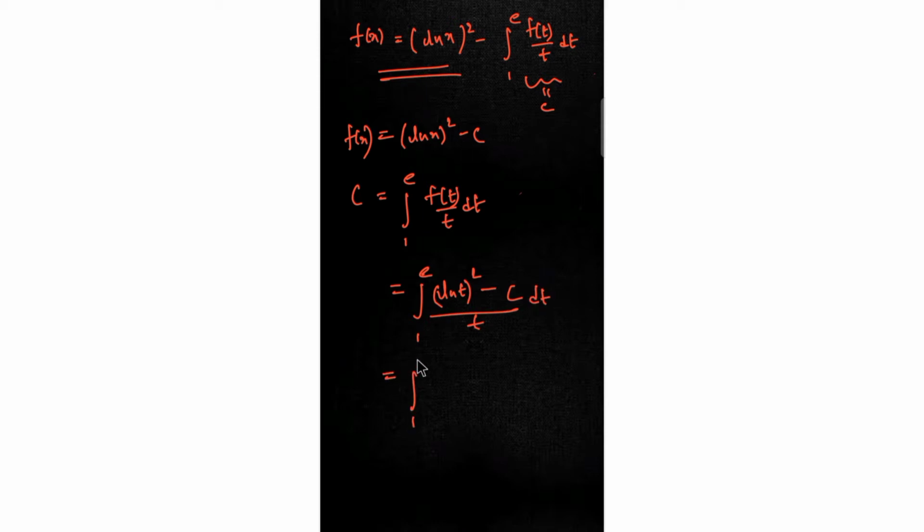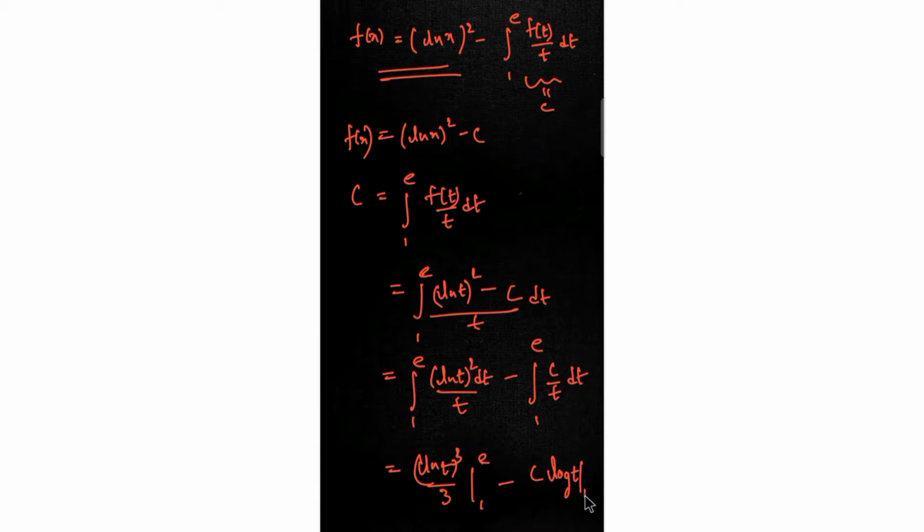I get the integral from 1 to e of (ln t) whole square dt by t, minus the integral from 1 to e of c by t dt. The differentiation of ln t is 1 by t dt, so it's basic integration: you will get (ln t) whole cube divided by 3 from 1 to e, and minus c times log t, or ln t, from 1 to e.